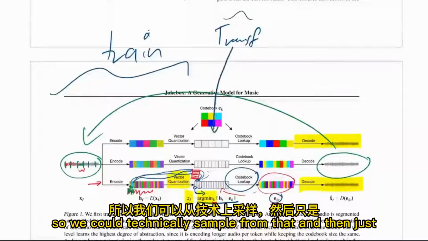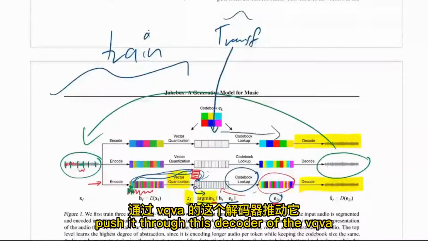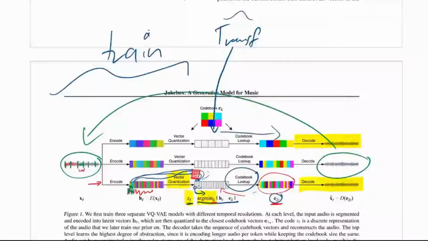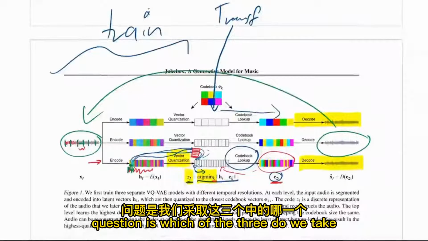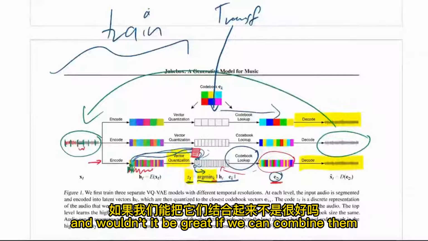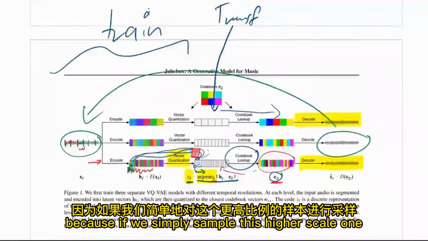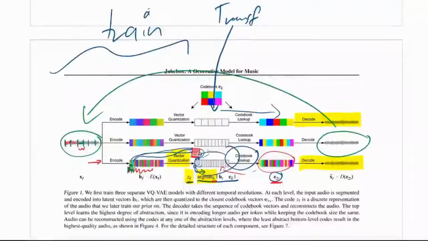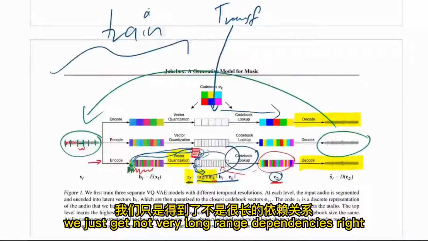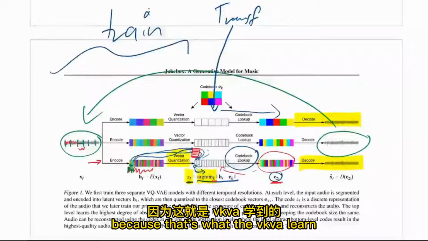So we could technically sample from that and then just push it through the decoder of the VQVAE. But the question is, which of the three do we take? And wouldn't it be great if we can combine them? Because if we simply sample this higher scale one, we just get not very long range dependencies, right? Because that's what the VQVAE learned.